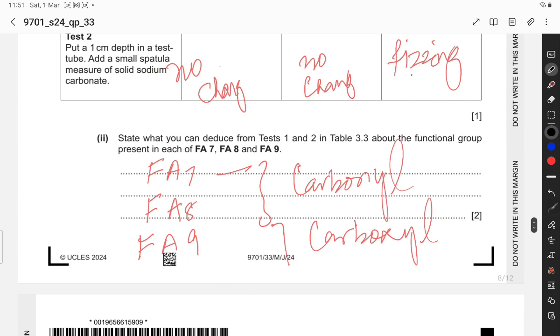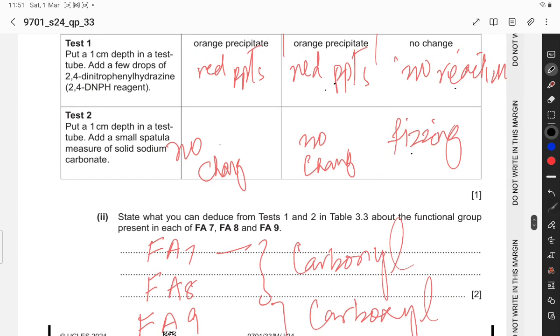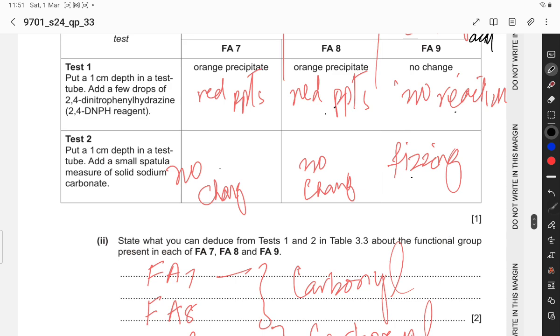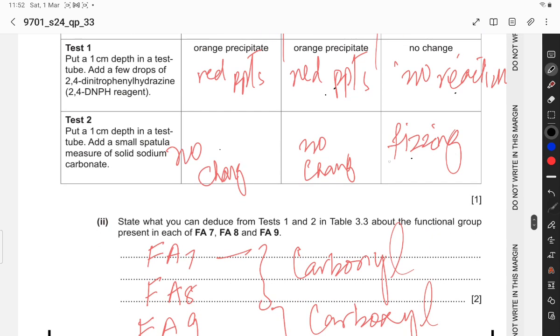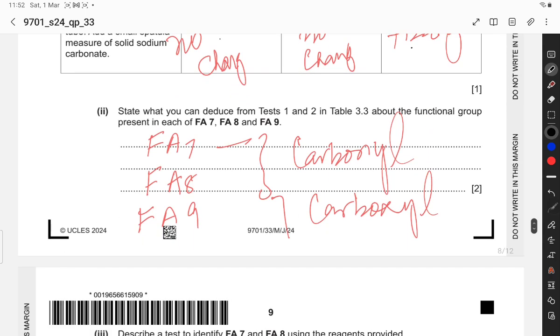Fa7 and Fa8 have a carbonyl group, and Fa9 is different. This is a clear test for a carboxylic acid, because when we add sodium carbonate to the solution, fizzing was produced in this test tube. So Fa9 would have a carboxyl group.